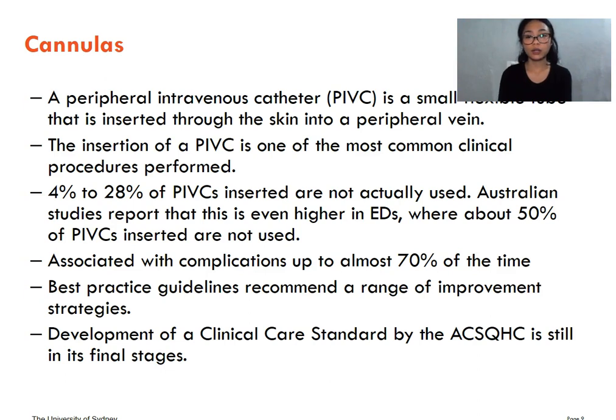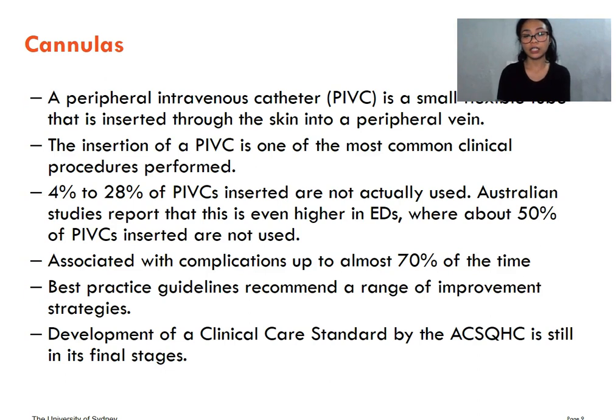To reduce rates of complications associated with cannulas, we use best practice guidelines and recommend a range of strategies. Despite the best practice data that's available, the evidence shows that a significant proportion of patients don't receive care as recommended in order to optimize the use of cannulas.